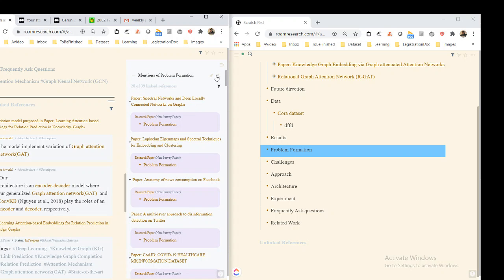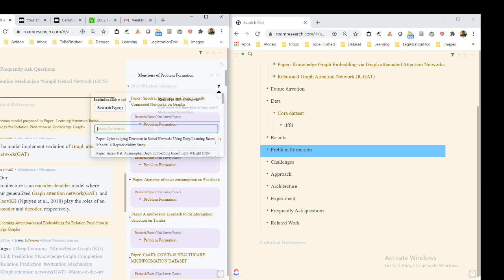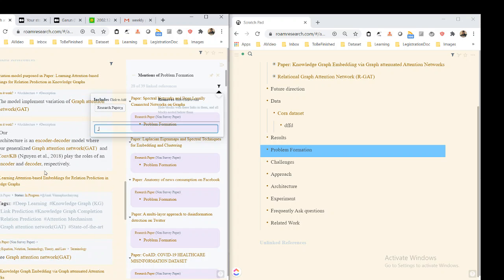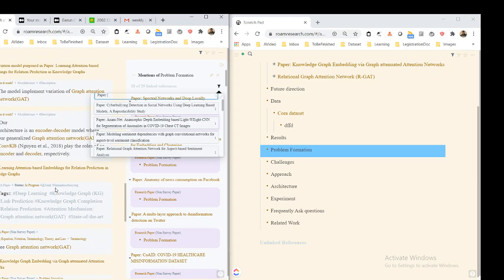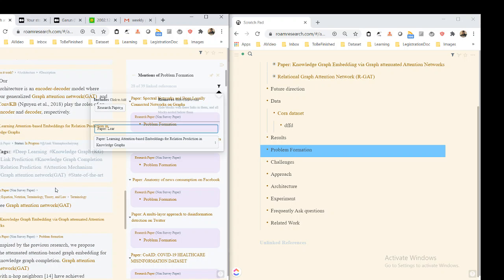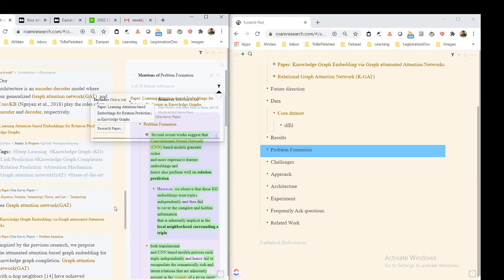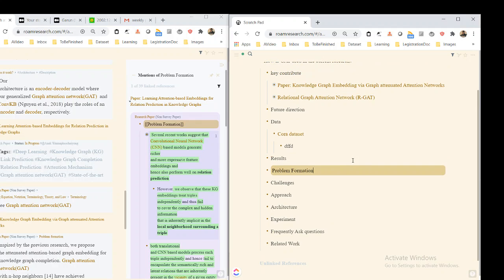So let me see if there's anything related to the paper that I know at all. Let's do a paper. In this list of papers, is there anything maybe matching what I'm looking for? Okay, there's a problem formation here as well. Let's have a look. That's the one, and I could do simply the same thing.